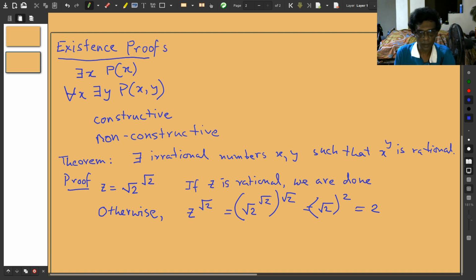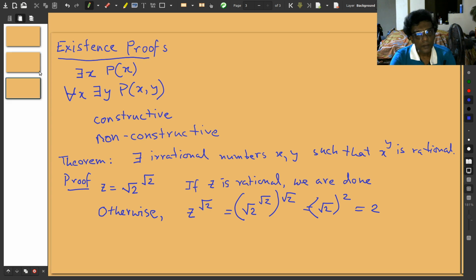Otherwise, if this is irrational, then this power root 2 is 2, which is rational. So, this is a kind of non-constructive proof. I cannot explicitly say which case holds, but either this case is true or this case is true, and in either case we are done. So, this is an example of a non-constructive proof, well, slightly constructive, but anyway, this is fine.